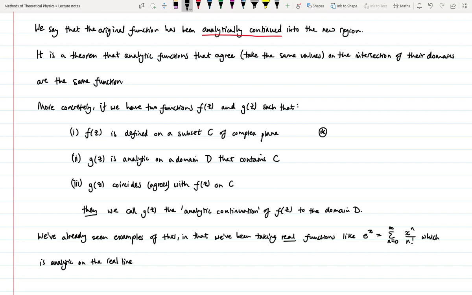Our real exponential function is defined on the subset of the complex plane corresponding to the real line. And what have we done? Well, we've then been analytically continuing them to complex functions defined on another domain, namely the complex plane. And here, this is the exponential function, but with complex variables.